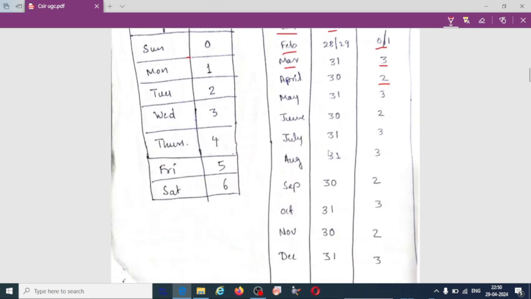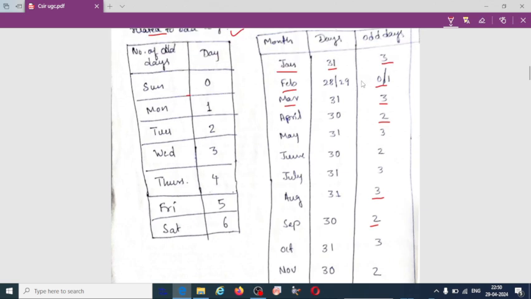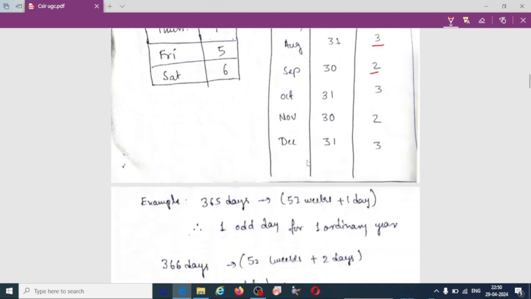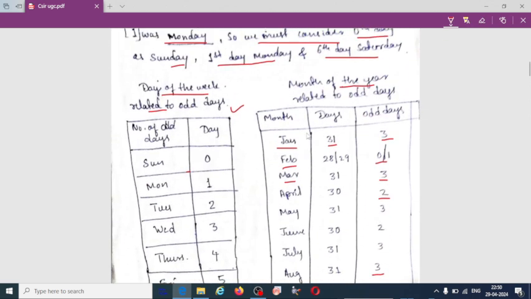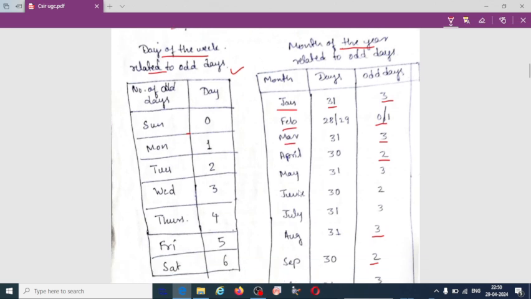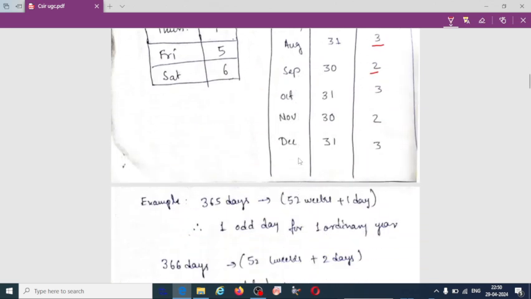And February especially, if you take 0 or 1, 28 days or 29 days. So follow these important tricks to solve any of the given problems.